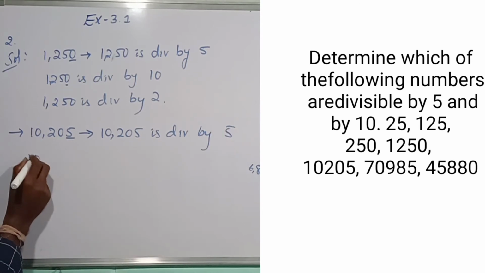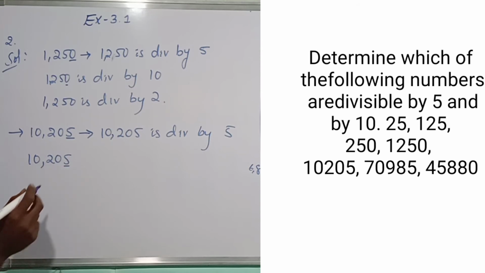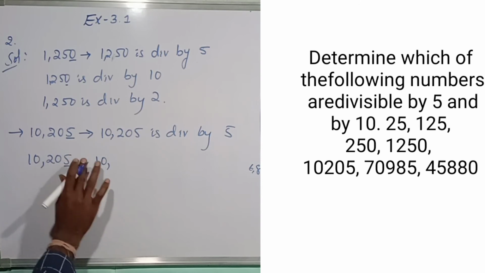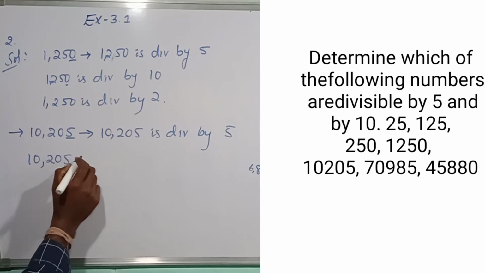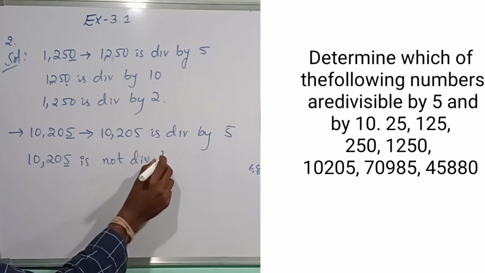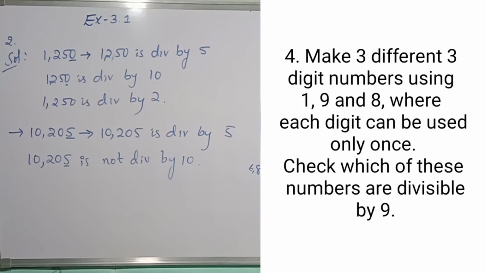For 10, the last digit should be 0, and only then is the number divisible by 10. So 10,205 is not divisible by 10. Like this you have to do all the remaining problems.